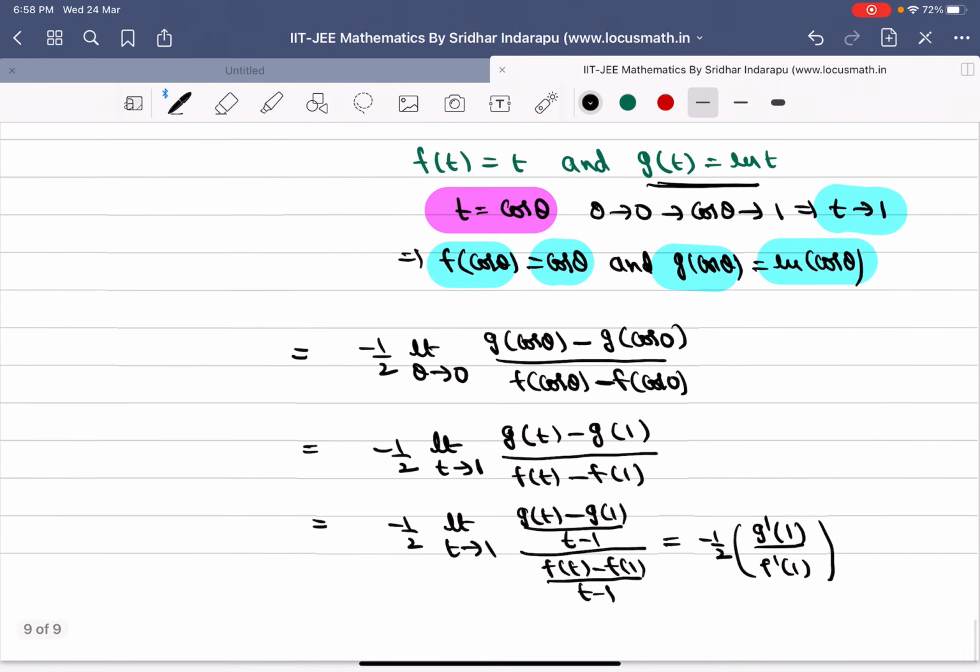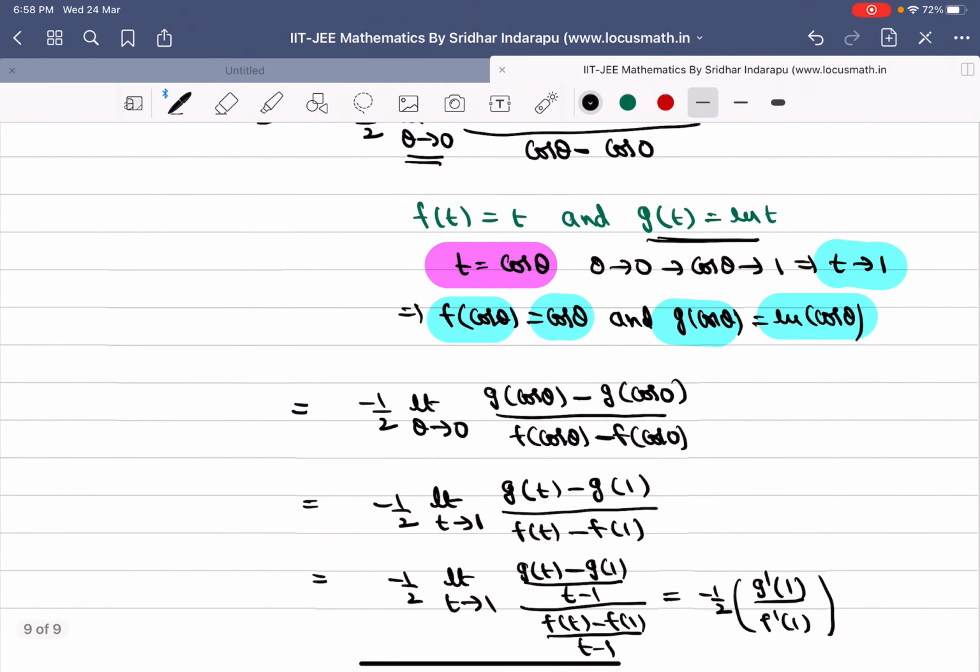But g of t is ln of t, so g dash t is 1 by t. So g dash 1 is 1 by 1, that is 1.